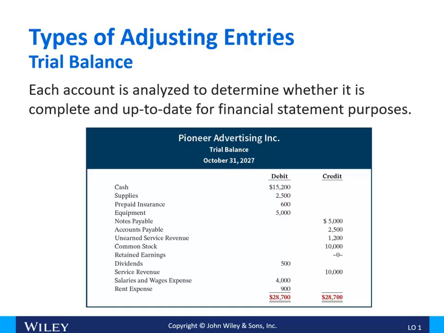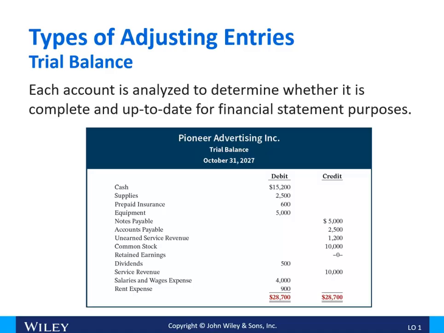We learned how to do the trial balance last chapter. So here's an example of a trial balance that we looked at before. At the end of the accounting period, you're going to review each account and analyze it to determine whether it's complete or up to date for financial statement purposes. If you look through this briefly, we have supplies, prepaid insurance, equipment.